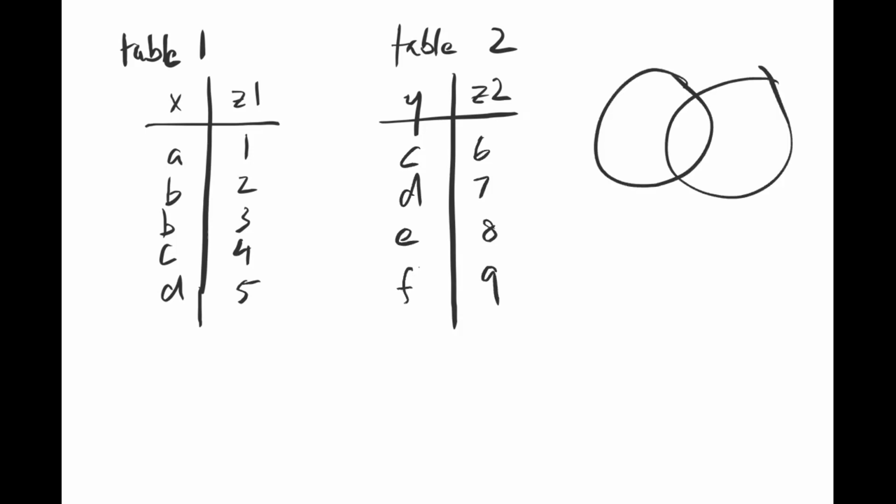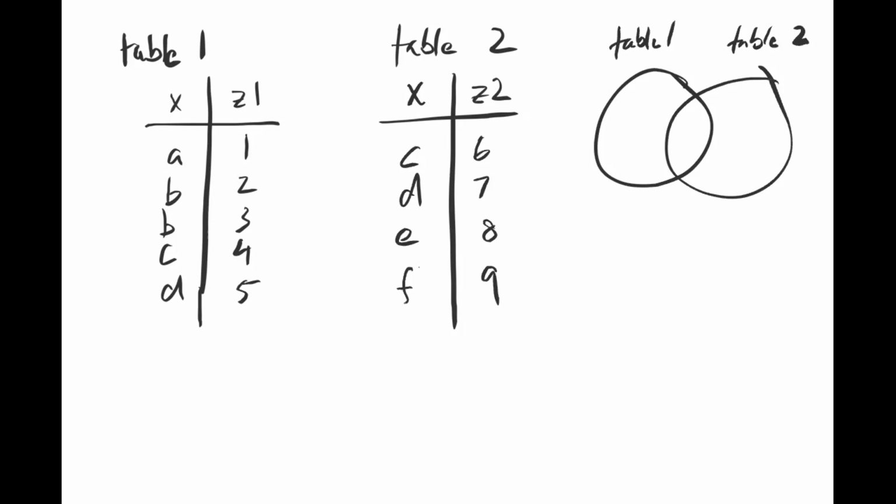Let's say I want to join two tables together. There are 4 different ways I can join these two tables together. I'm going to draw this Venn diagram. It'll be easier if I call this X. So what are the 4 ways that I can put these together?